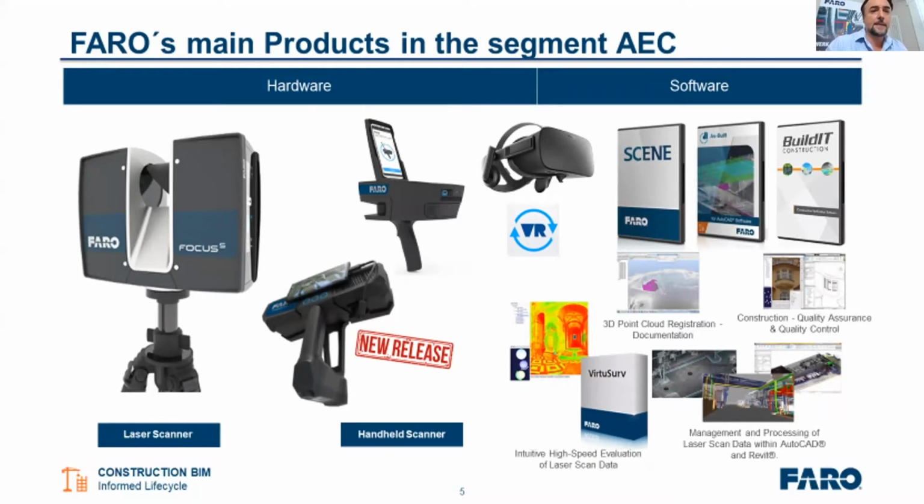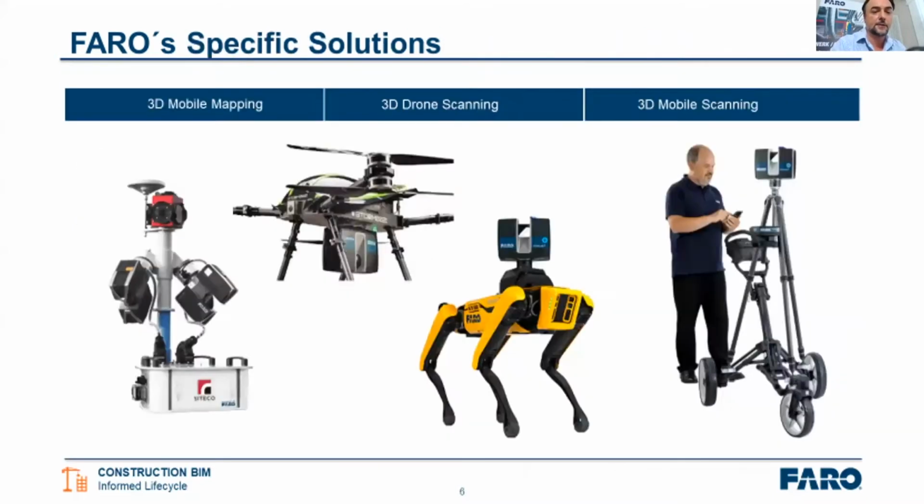On the hardware side, we have a complete range of 3D laser scanners, also 2D and 3D handheld scanners, combined with a wide range of FARO software, from solutions for 3D point cloud processing, registration, documentation, and quality control, up to VR visualization and 3D reality data sharing.